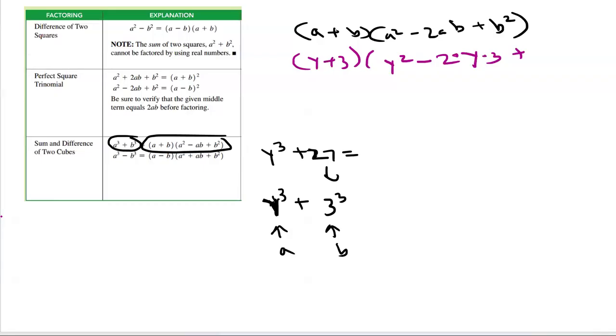And then b is going to be 3 squared. Okay, so let's go and simplify this. We get y plus 3 times y squared minus y times 3, which is 3y, plus 9.